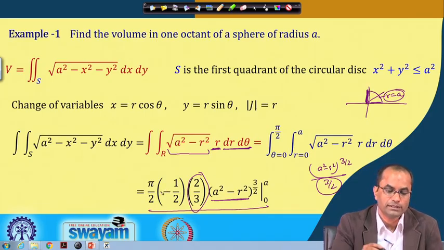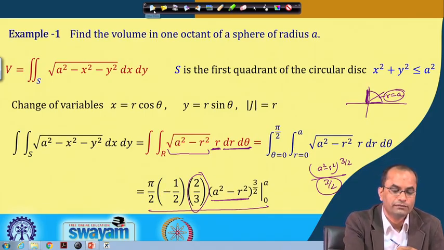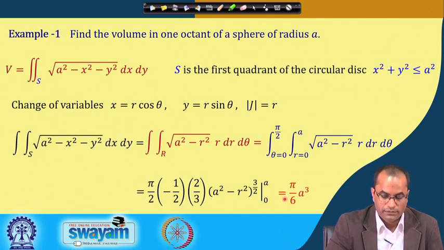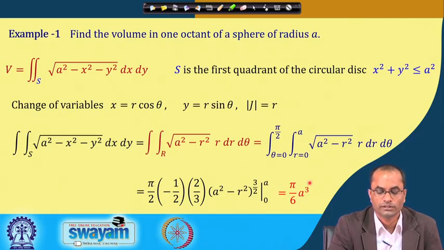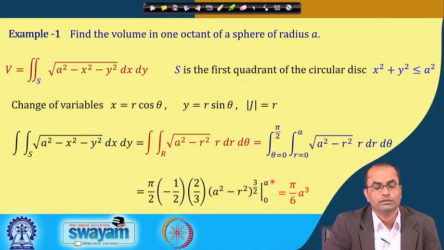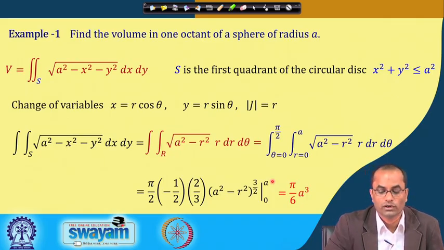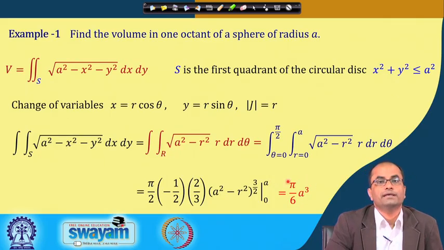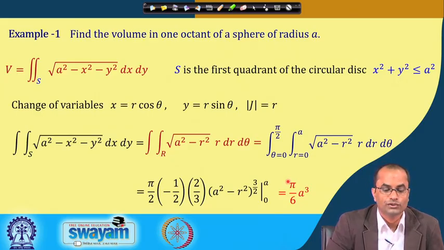So, this will become plus, and finally, we will get the answer here pi by 6, since 6 comes from 3 and 2, and a cube will be coming when we put the lower limit. So, the volume of this sphere in this one octant will be given by pi by 6 into a cube, where a is the radius of the sphere.